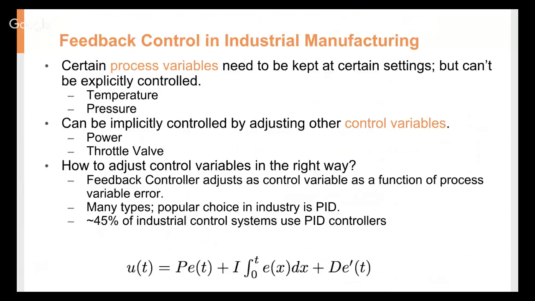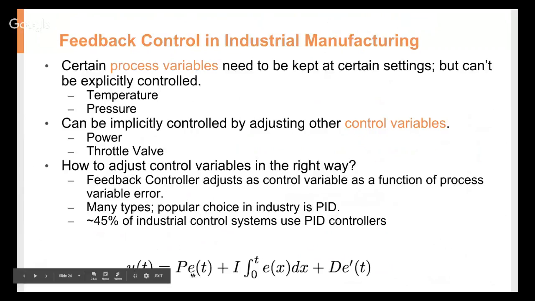So this can be done with a feedback controller, and a popular choice in industry is a PID controller, which stands for proportional integral derivative. Currently, about 45% of industrial control systems use PID controllers, and the general formula for it is just this right here. You're adjusting u(t), the control variable, as a function of the error, and the error is just the difference between the current value of the process variable and the value you would like it to take.